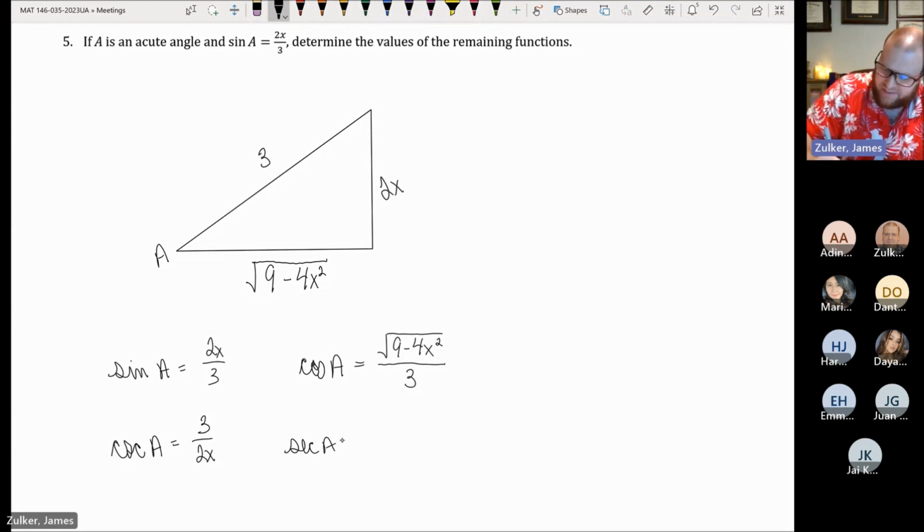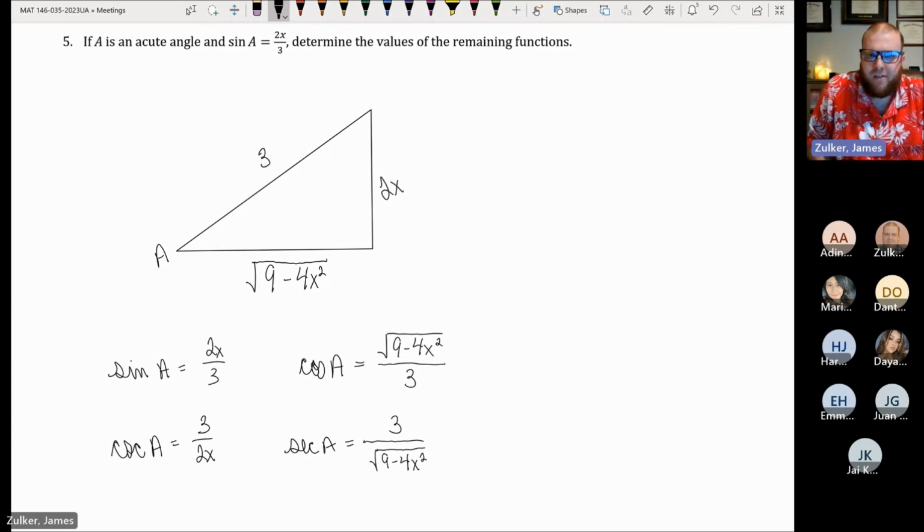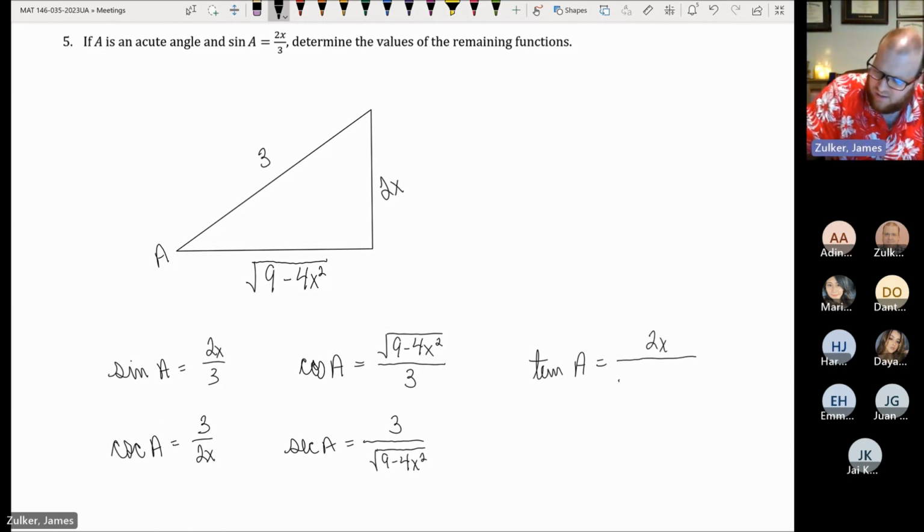Which makes secant that. Finally, tangent: opposite over adjacent.